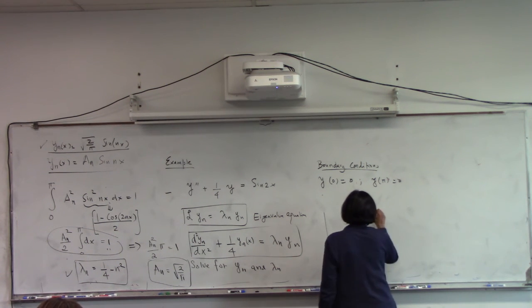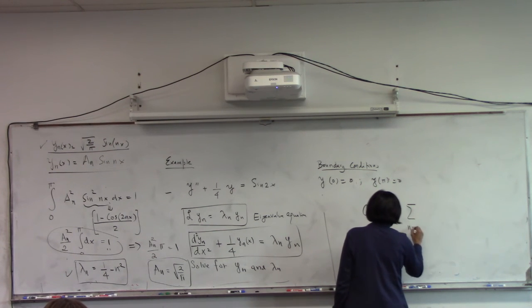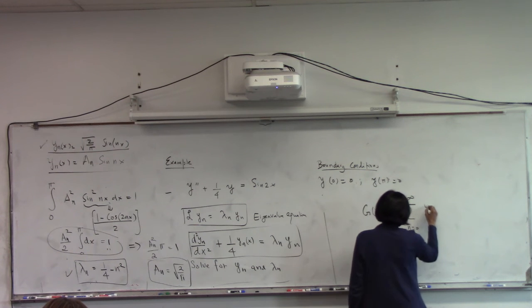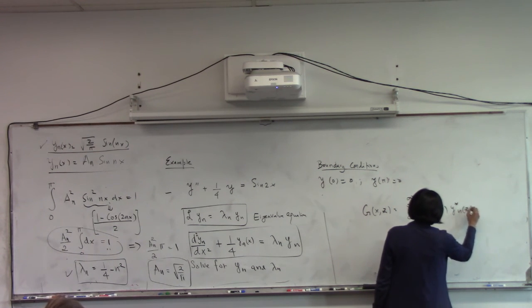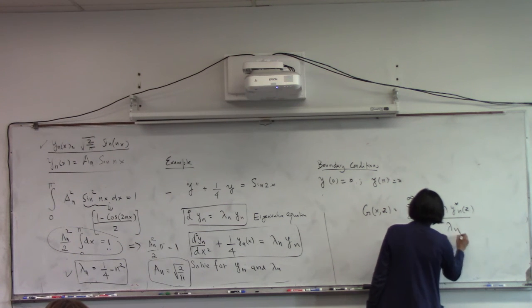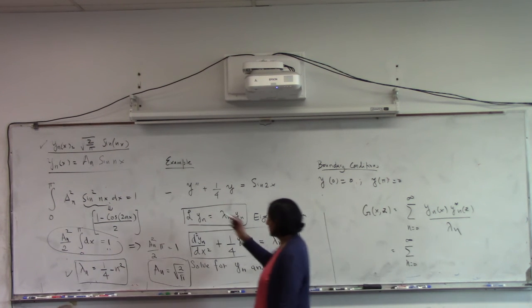So my Green's function is nothing but summation n going from 0 to infinity of y n x, y n star z over lambda n.